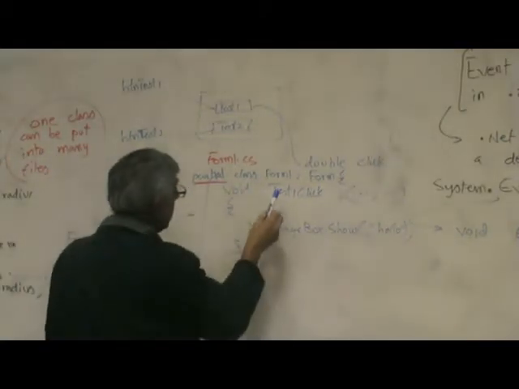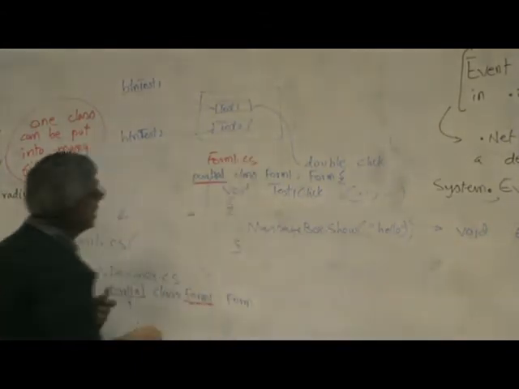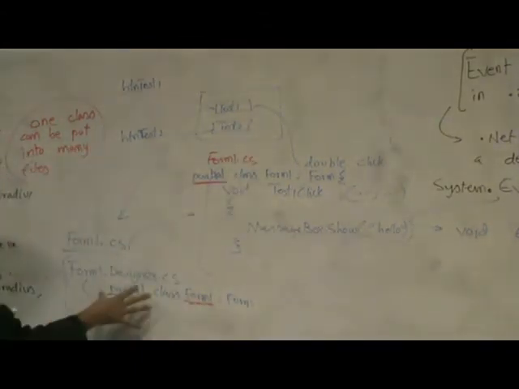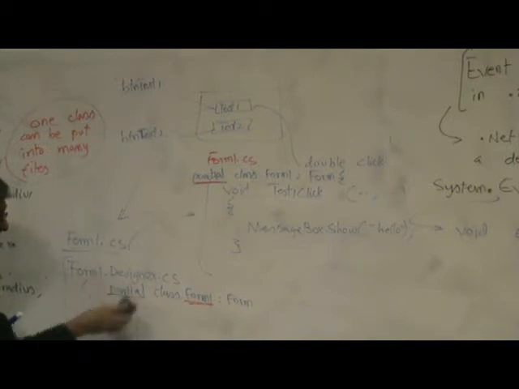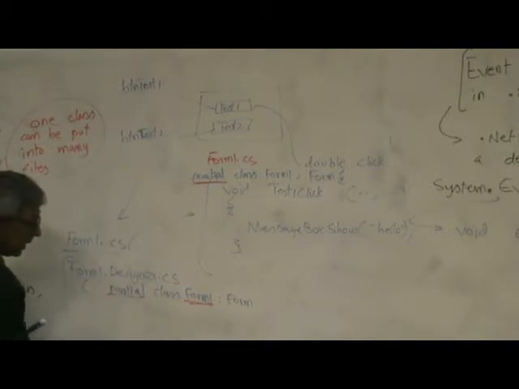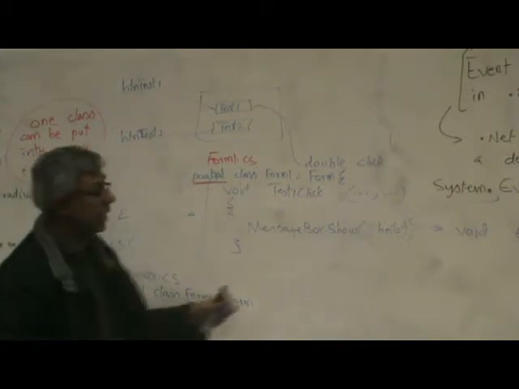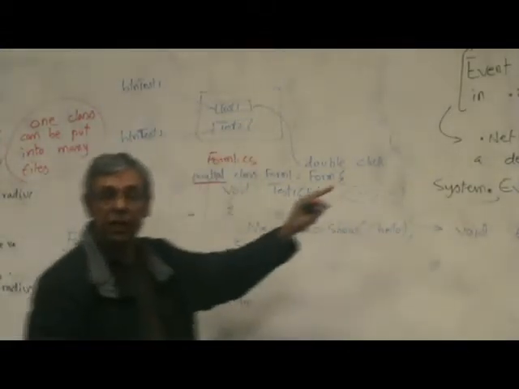so now let's pretend you double-clicked on this. What Visual Studio will do is we will go to the form1.designer.cs, and somewhere over here it will create this delegate, the system.event handler.